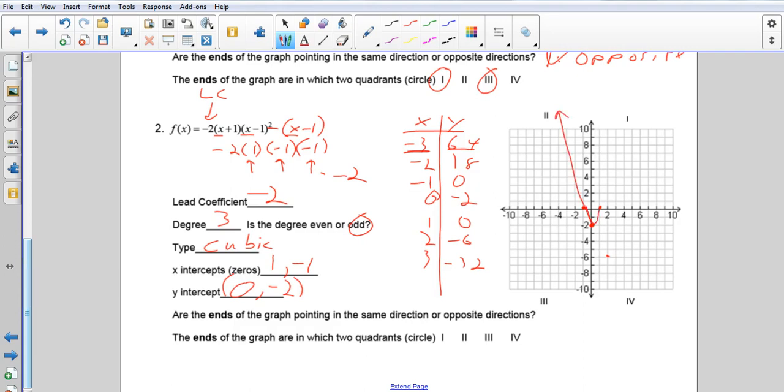It's going to hit here, bounce up, and then come back down, like so. Well, using the calculator will help you get a good picture of that. Are the ends of the graph in the same or opposite directions? Opposite directions. Where does it end up? In 2 and 4.